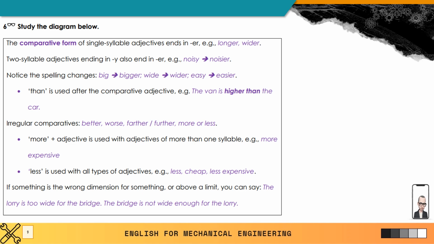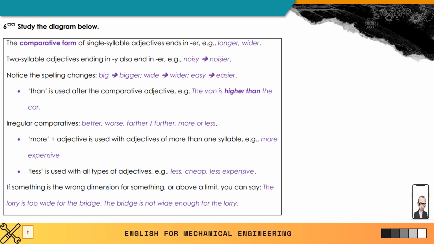These are called CVC adjectives, consonant, vowel, consonant, or we can just say if there is a short vowel in the middle, you will double the last letter, so hence big, bigger, and bigger is spelled with double G. The same way thin and thinner, double N in that case.